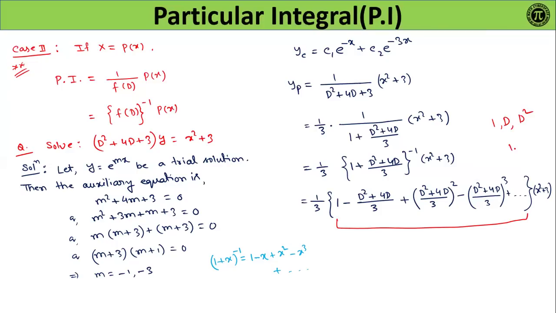Because when you take D cube, meaning 3 times derivative, the result will be 0. Clear? That means we have to take only these 3: no derivative, single derivative and double derivative. So let's calculate the next part.